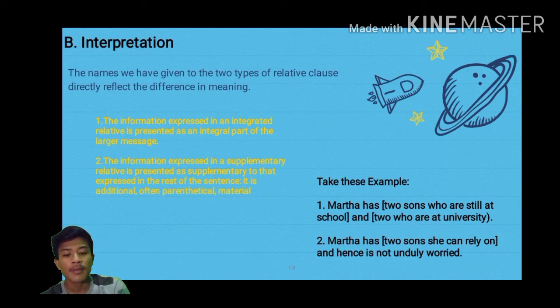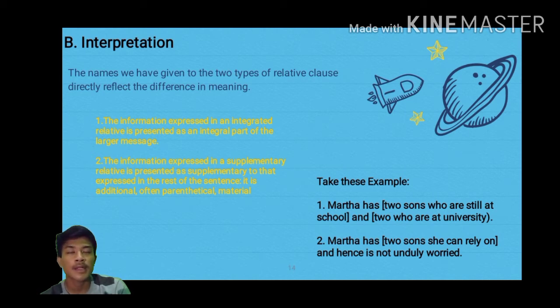The first example: Martha has two sons who are still at school and two who are at university. And the second example: Martha has two sons she can rely on, and she is only worried.